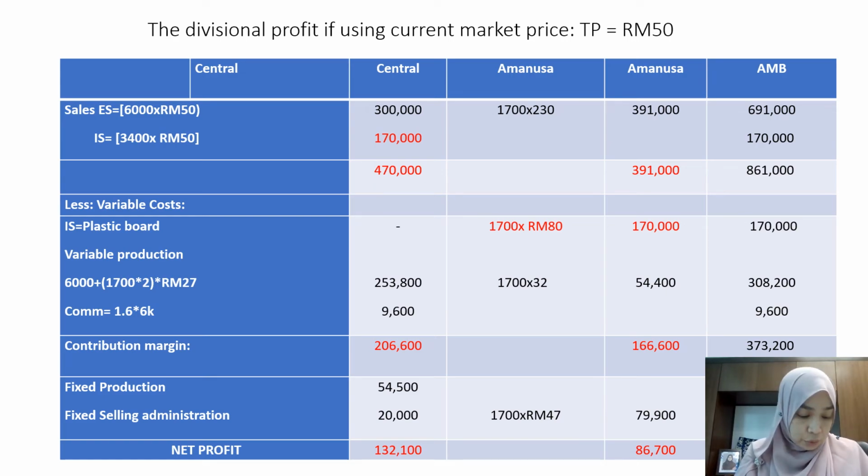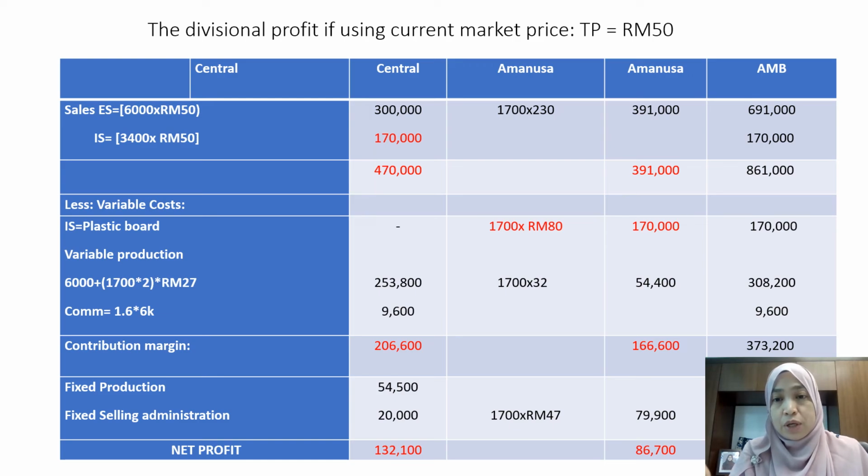The question asks you to discuss the effect, so you compare with your first requirement. Since central division is the selling division, when transfer price increases, net profit for central division also increases. So if the company increases the transfer price from 40 ringgit to 50 ringgit, profit for central division will increase to 132,100 ringgit.